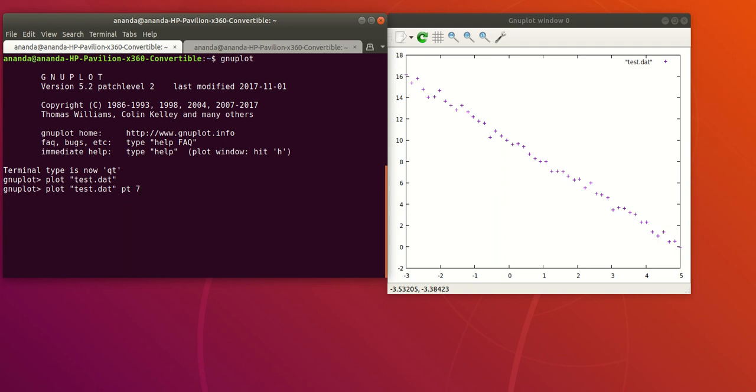Let me remind you that gnuplot allows abbreviations, so instead of having to type point type, you can just say pt 7. And this is what the contents of the data file looks like.